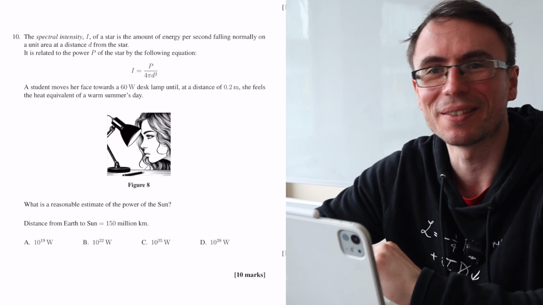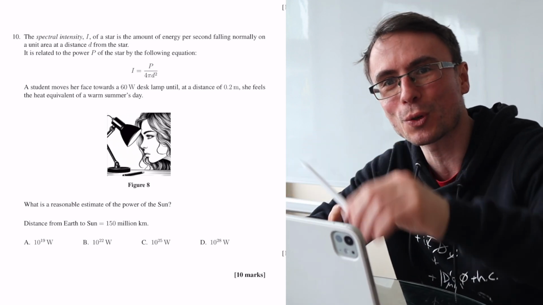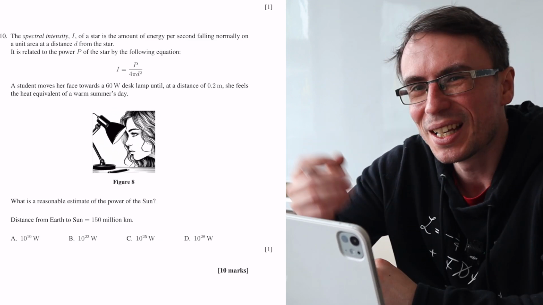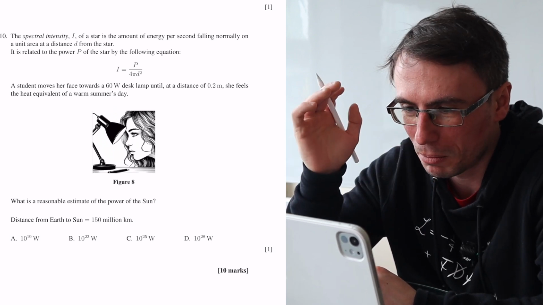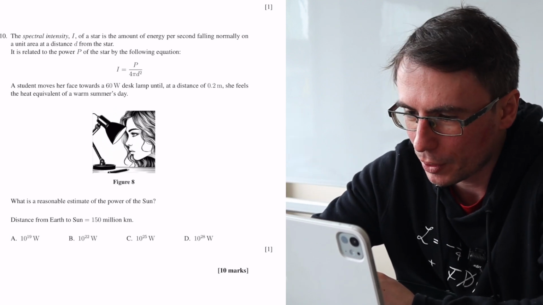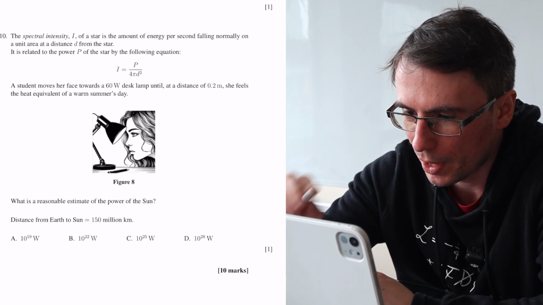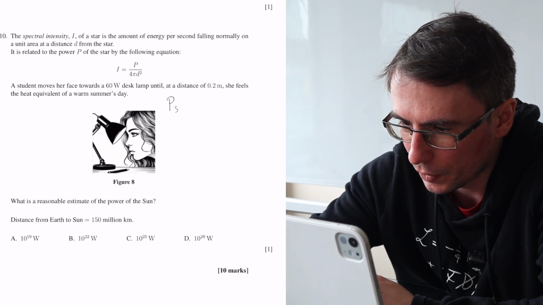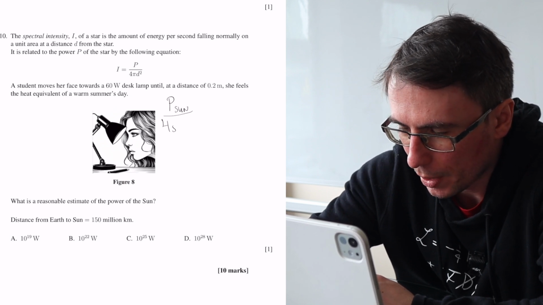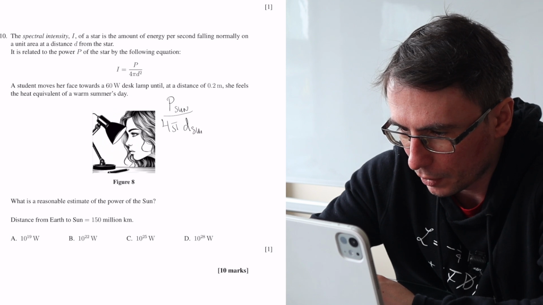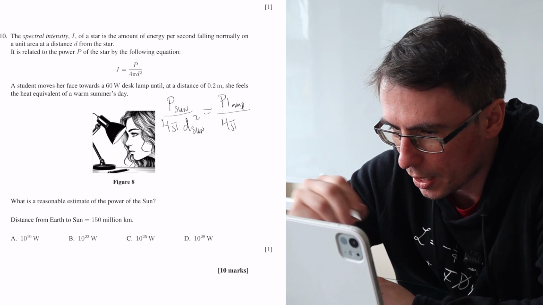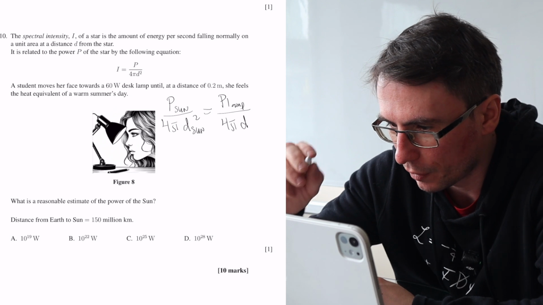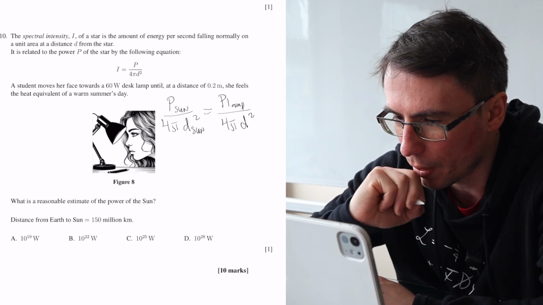Well, that question kind of escalated pretty quickly, but I'm sure that we can calculate this. So the intensity will be similar to that of the sun on a warm summer's day with several different assumptions, but my guess is that the power of the sun over 4 pi, the distance from the sun to the earth squared, will be approximately equal to the power of the lamp over 4 pi over that small distance of 0.2 meters, which I'm just going to call d squared.